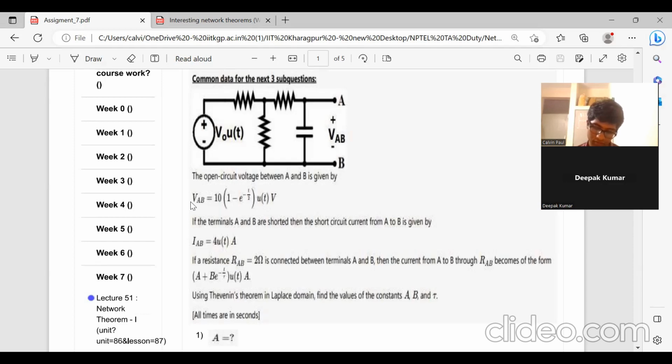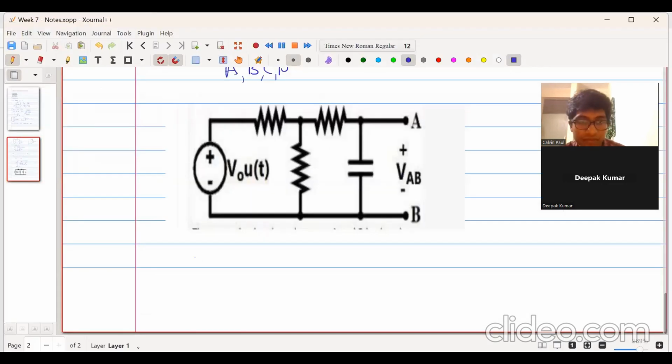Okay, as you said, VAB of s is equal to 10 upon s minus 10 upon s plus half.